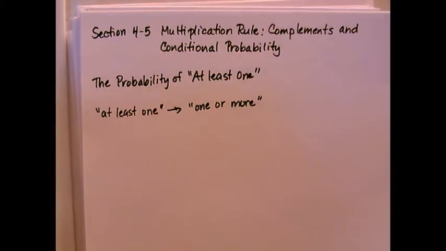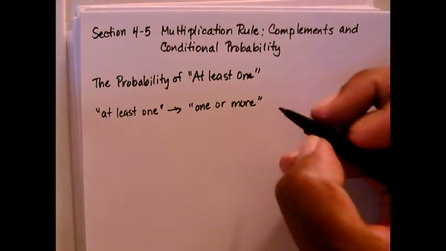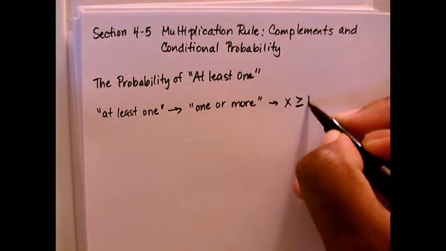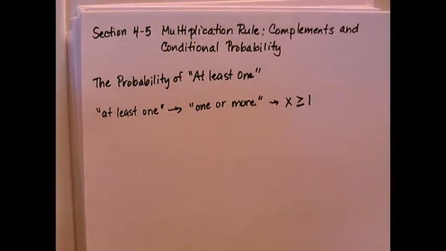And if you were to write that as an inequality, at least one would be something like this. Let's say x is greater than or equal to 1. That's basically what that means. If you were to write that in symbolic notation, at least one means one or more, or I can say x is greater than or equal to 1.